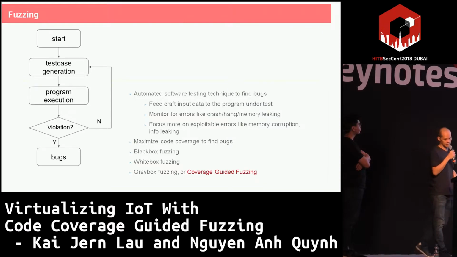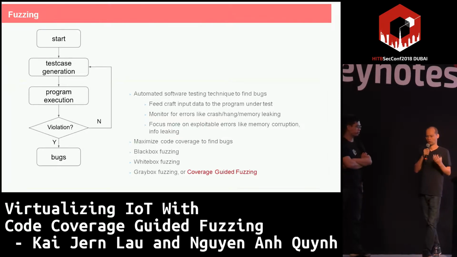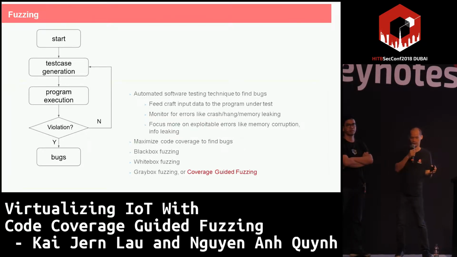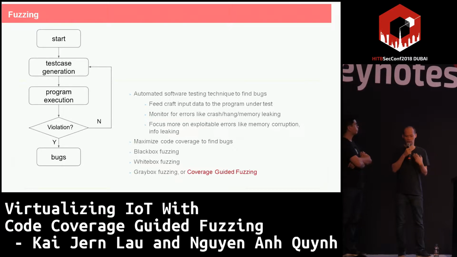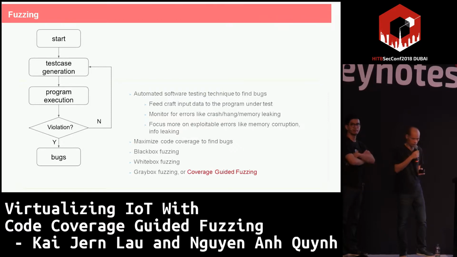Okay, this talks about fuzzing. The idea behind the fuzzing concept is very simple. You have a program that processes some input, and you want to find a special input that can trigger bugs inside this program, right? So the idea of fuzzing is that we randomly modify the input and feed it to the program that we want to test. And when the program is running, we monitor it to see if it has any abnormal behavior.